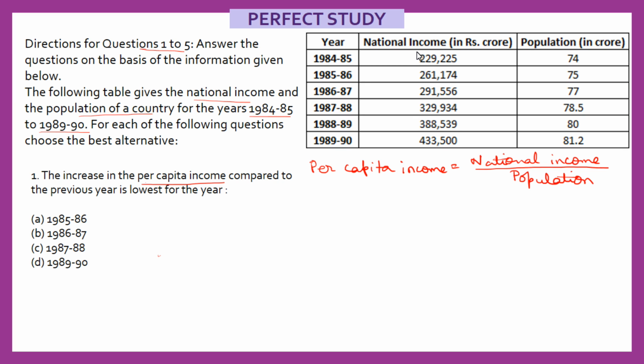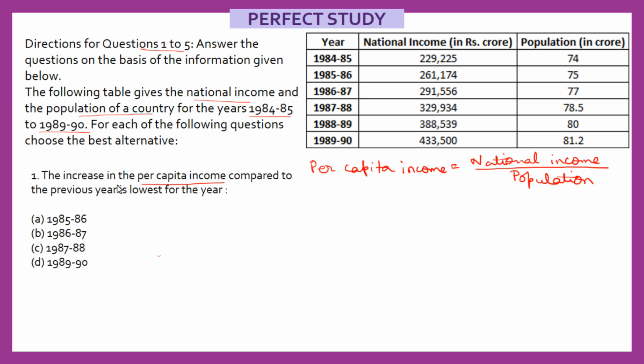That is what a student may assume, that I have to divide this national income by population, calculate the per capita income, and then calculate the increase in per capita income and do all sort of percentage calculations. So let's see. But what we will do is, I will show you here, we will solve this set with minimum calculation, no division, no multiplication, no percentages, nothing except for some few basic subtractions. That's all. Other than that, we will not do any calculations.